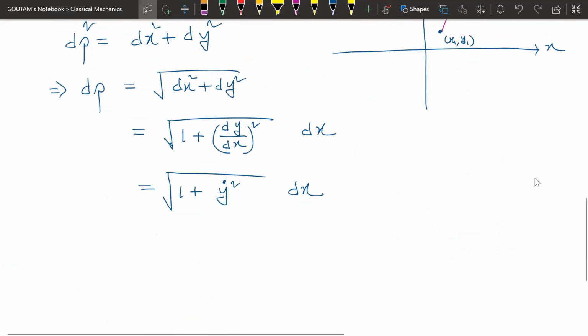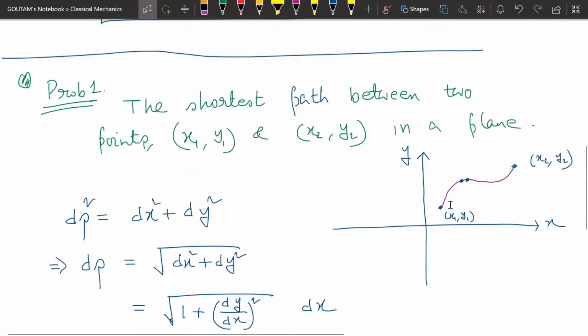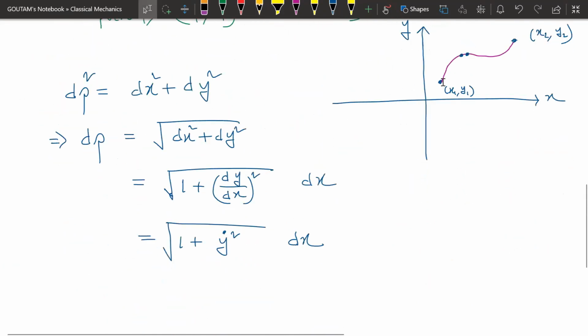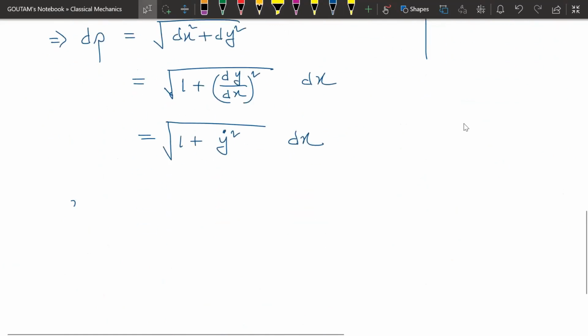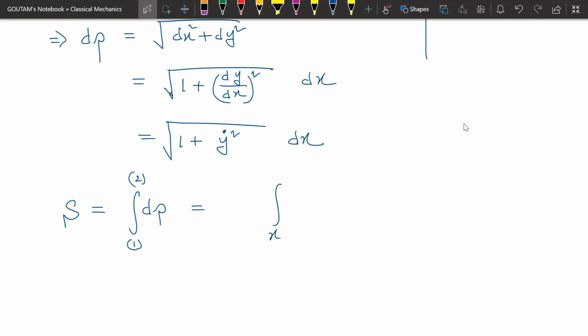Then if we go from point 1 to point 2, the total distance s will be given by the integral of ds from x1 to x2, of root under 1 plus y dot square, dx.